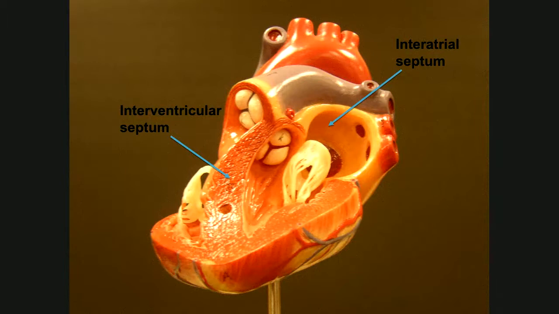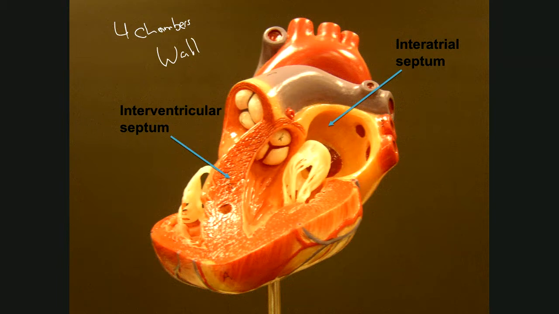Okay, well, remember we have 4 chambers. And they're 4 completely separate chambers. There's no mixing of blood between these chambers. Well, the only way you can have that happen is if there's a wall between the chambers. And there is. There's a solid wall.